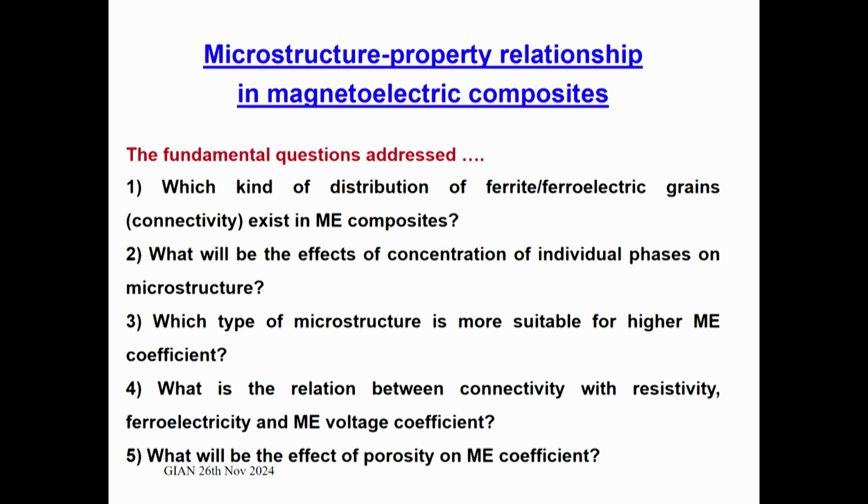What will be the effect of concentration of individual phases on the microstructure? Which type of microstructure is more suitable for getting higher magnetoelectric signal or coefficient? What is the relation between the connectivity and the resistivity, ferroelectricity and magnetic voltage coefficient? And what will be the effect of porosity on the ME coefficient? So, these are some of the fundamental aspects one should understand as far as the development of magnetoelectric composite materials is concerned.